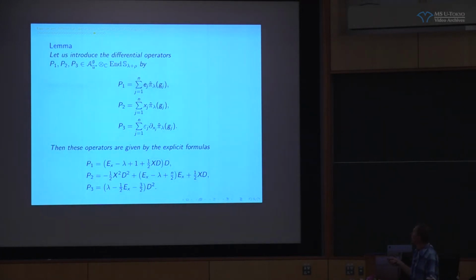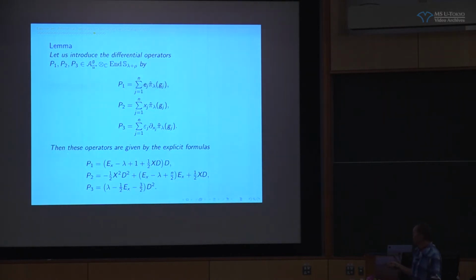So instead of taking pi hat lambda of G1, pi hat lambda of G2, and so on, it's convenient to introduce the three operators P1, P2, and P3, when we contract the corresponding index either by e_j, regarded as acting by the Clifford algebra action on spinors, or by x_j, or by the corresponding differentiation in the direction of the j-th coordinate.